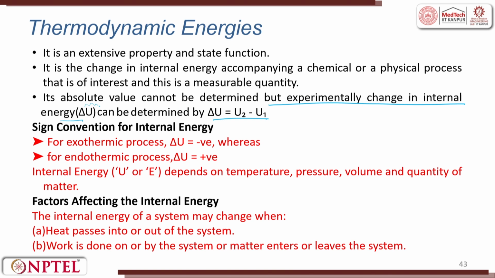Please underline, its absolute value cannot be determined, but experimentally the change in internal energy can be determined by this equation. Is that clear? Absolute value cannot be determined, but experimentally you can get it done.